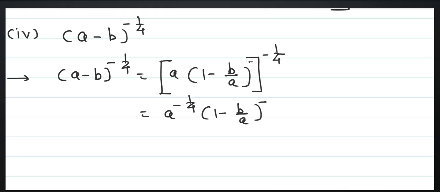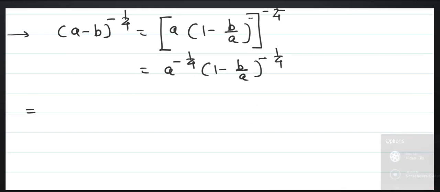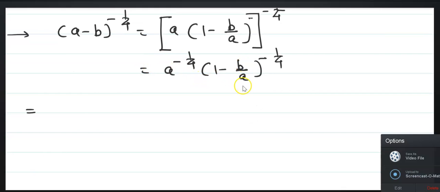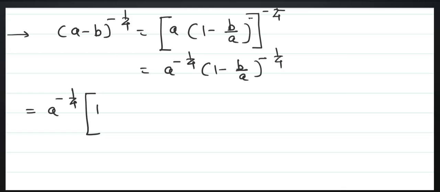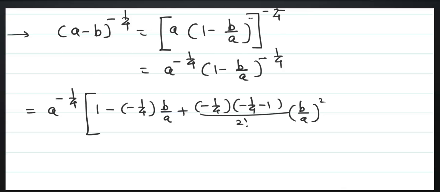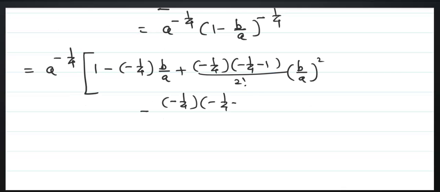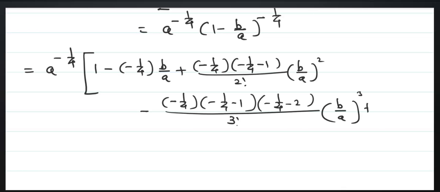Here is A raised to minus 1 by 4 into 1 minus B upon A bracket raised to minus 1 by 4. Therefore, A raised to minus 1 by 4. Now the next expansion will be like this. See this expansion. Bracket raised to 3.